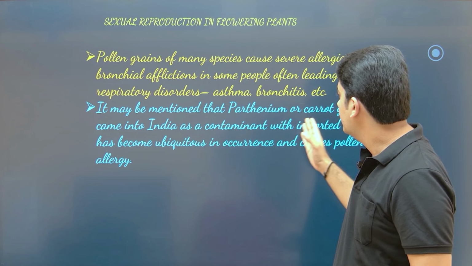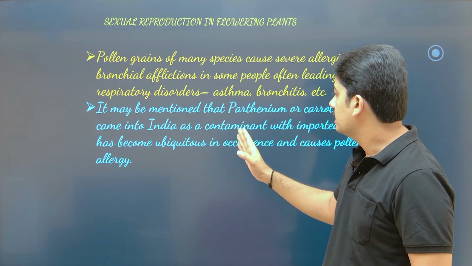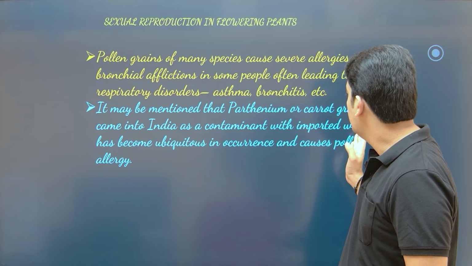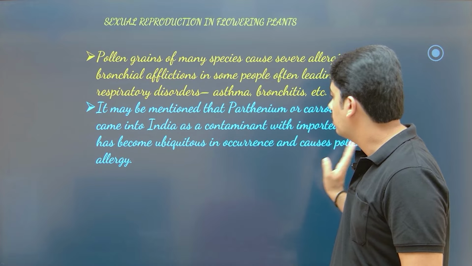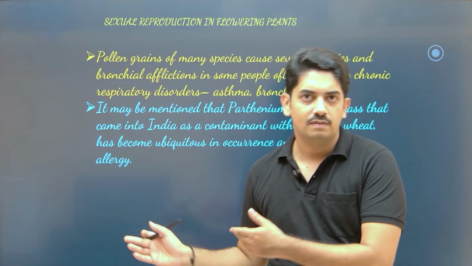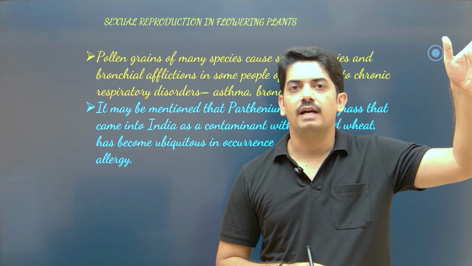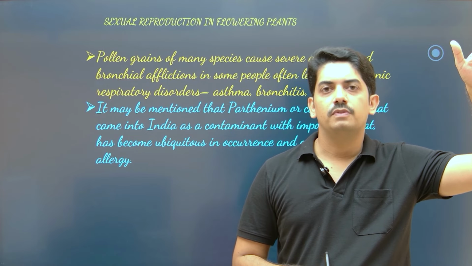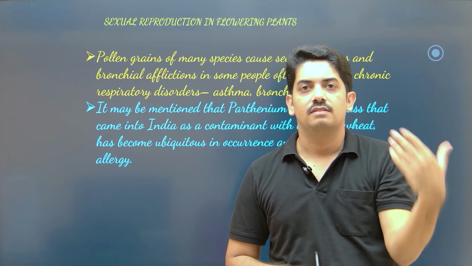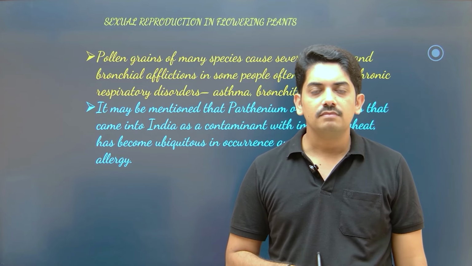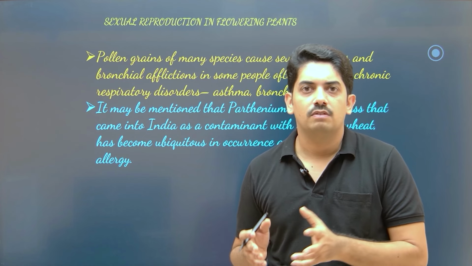mentioned that parthenium or carrot grass that came to India as a contaminant with imported wheat has become ubiquitous in occurrence and causes pollen allergy. Just now I took this example. At the time of great famine, in 1947, when we fought for freedom, India was in great danger because of famine.